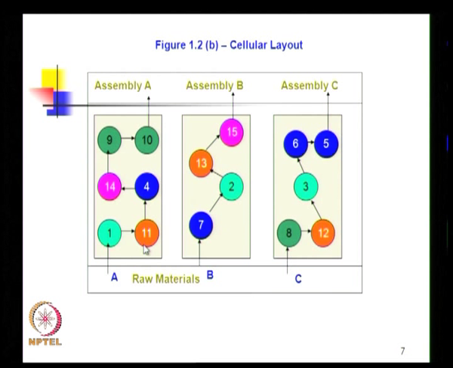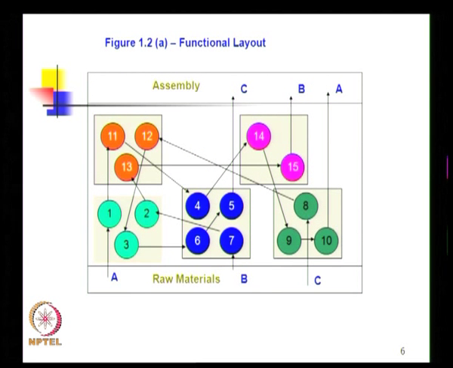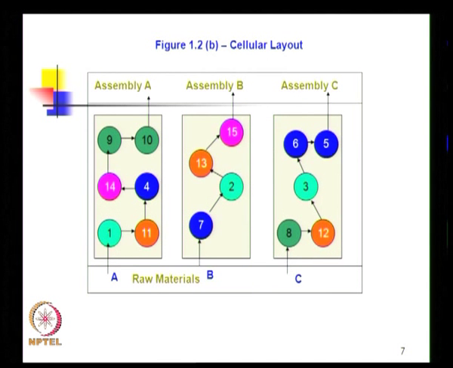Now, these 6 machines are such that they are capable of producing all the parts and components that are in part family A. Similarly, the cell B or the second manufacturing cell, which contains these machines, is now capable of producing all the parts within family B, and similarly this one is capable of producing all the parts within family C. So, in this pictorial representation, we have now converted a functional layout which has 15 machines into a cellular layout which has 3 cells.